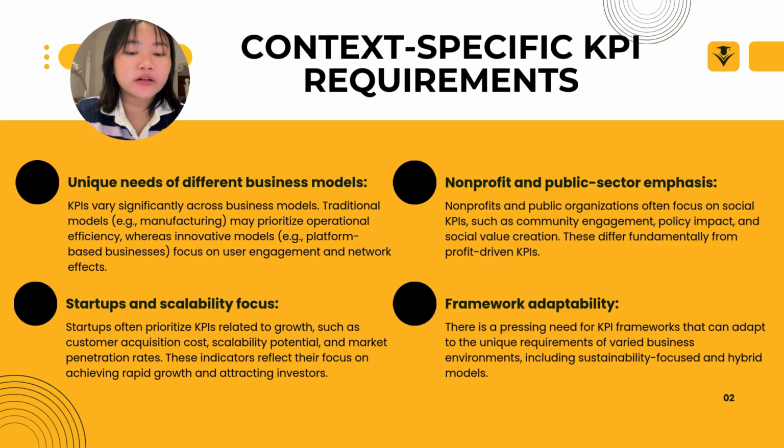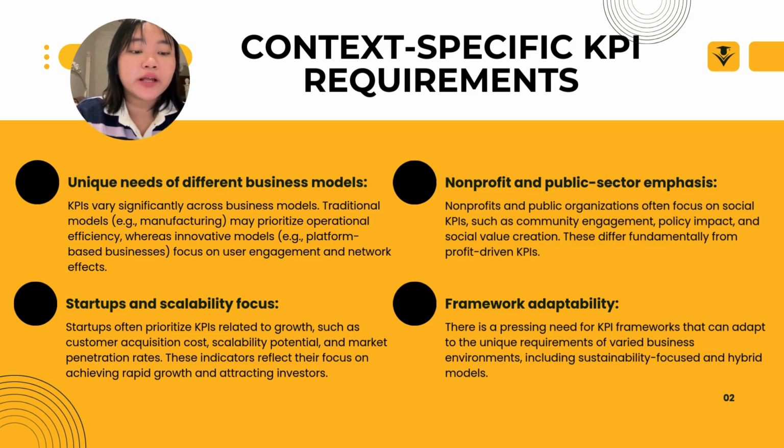And the second one is startups and scalability focus. So the startups often prioritize KPIs related to growth, such as customer acquisition cost, scalability potential, and market penetration rates. So these indicators reflect their focus on achieving rapid growth and attracting investors.